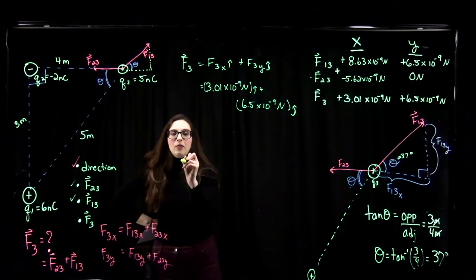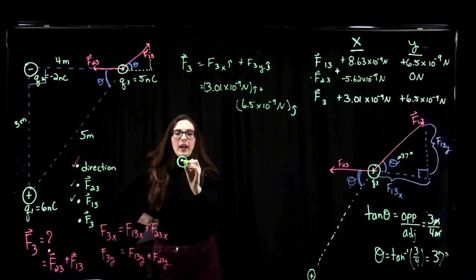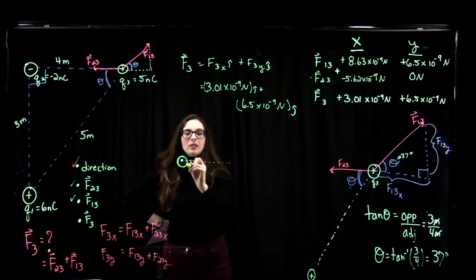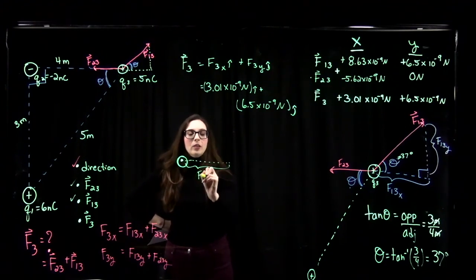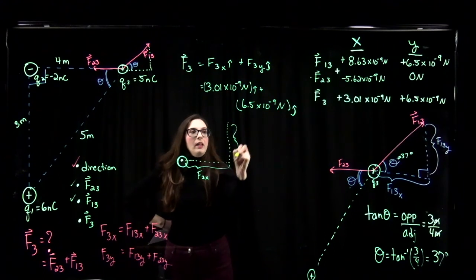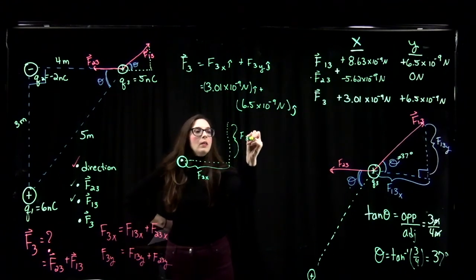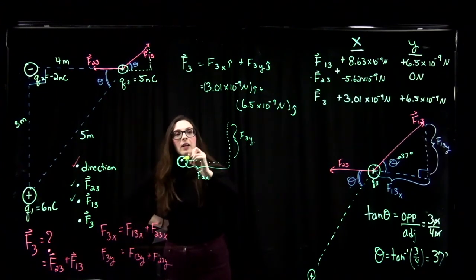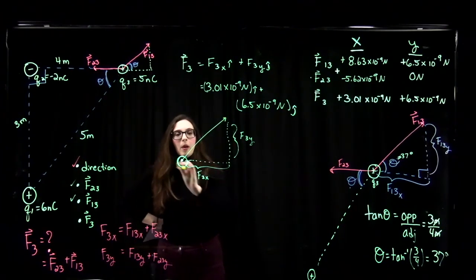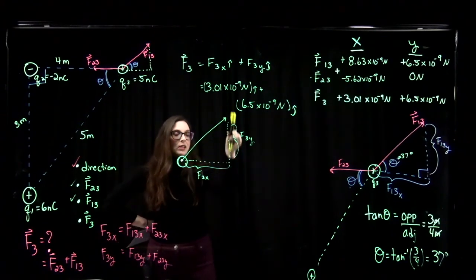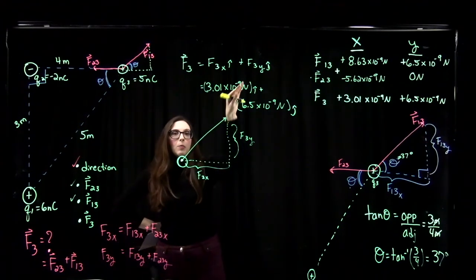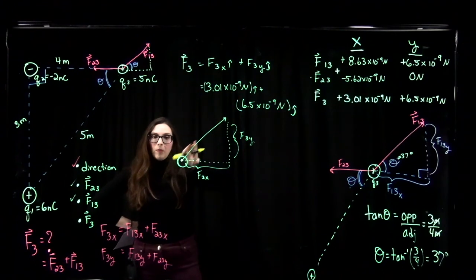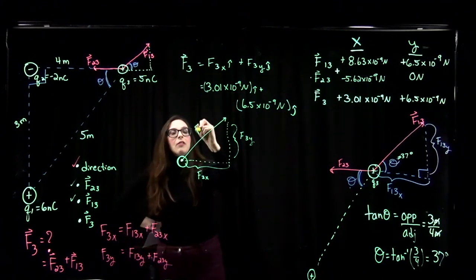If we have charge 3 right here, we have the x component, F3x, which is positive, and the y component, F3y, which is also positive, and then our vector F3 is positive in the x and positive in the y, so it's pointing up and off along this direction here. That's F3.